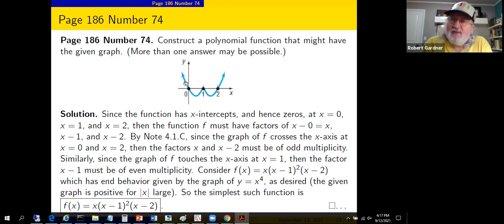And this function behaves in the same way. Since this is the end behavior, we do get out big positive things when the absolute value of x is large. This function works. This is the simplest function that we could choose as a solution to this.